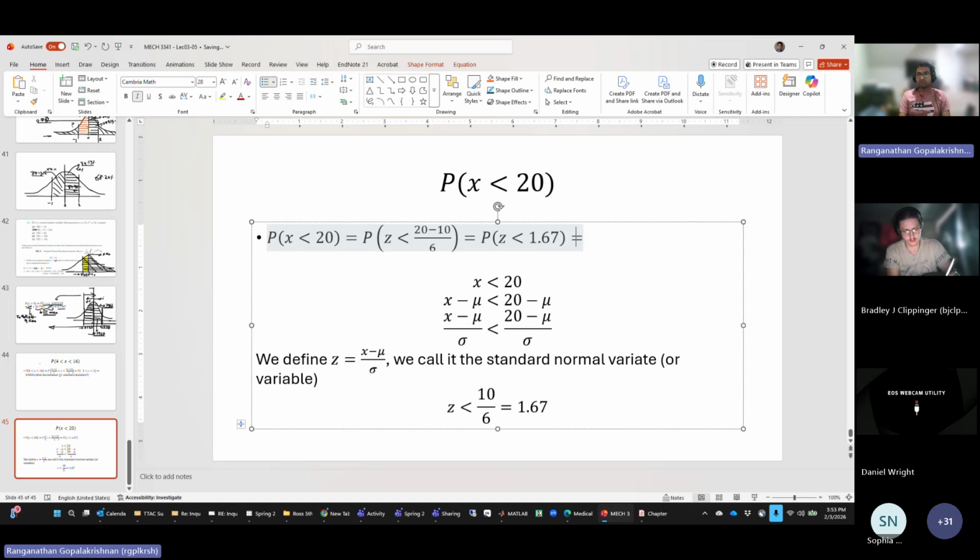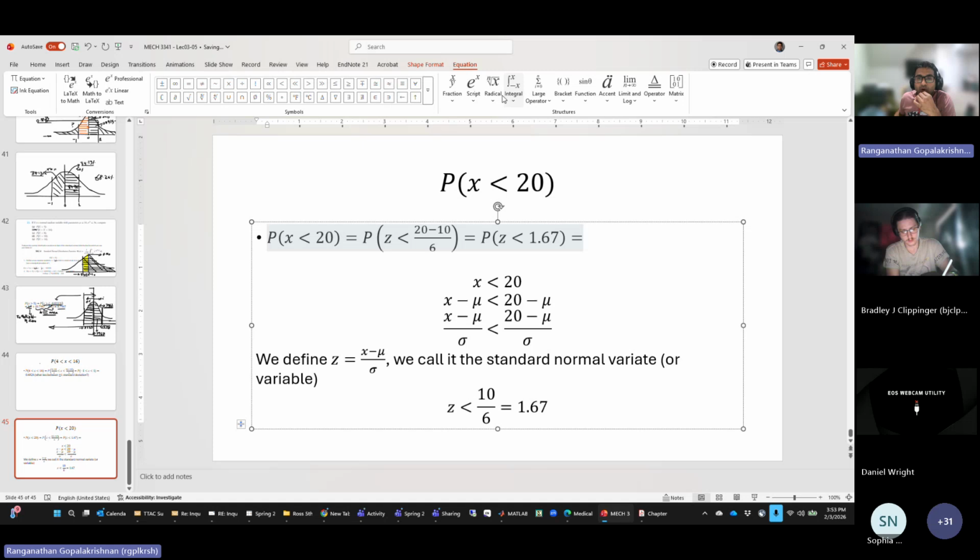That's what I want, which is nothing but, going back to the basics, the integral from minus infinity to 1.67 of this function here.